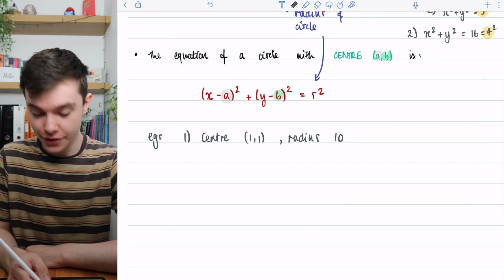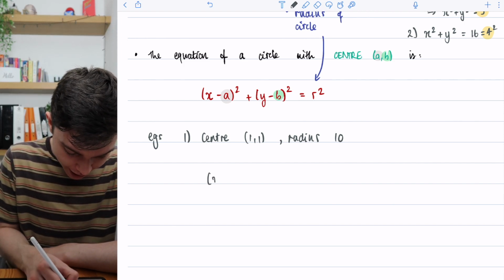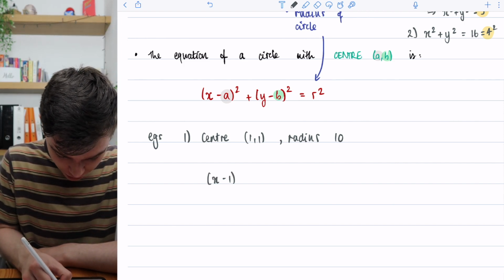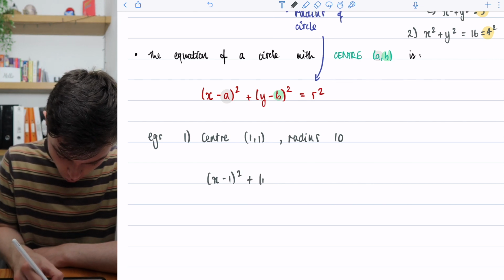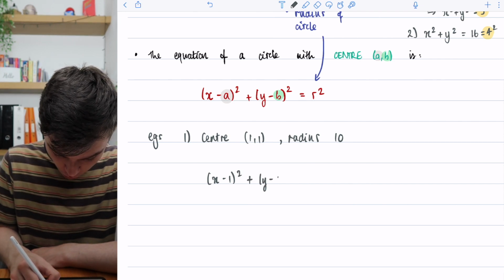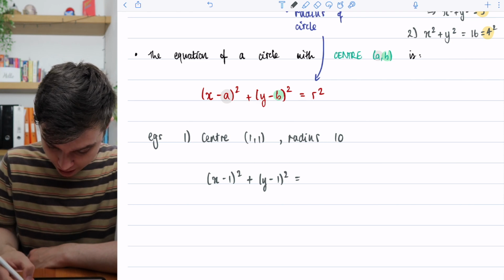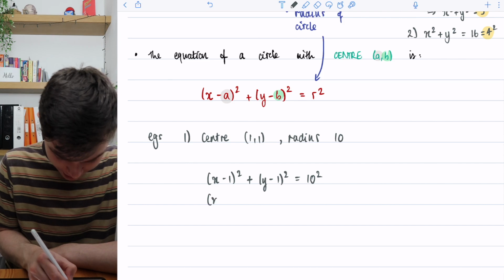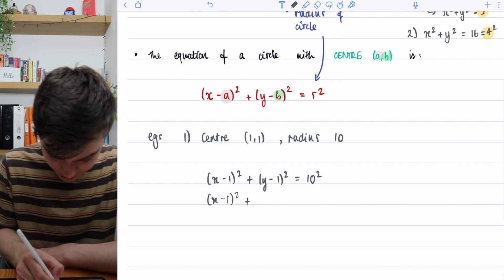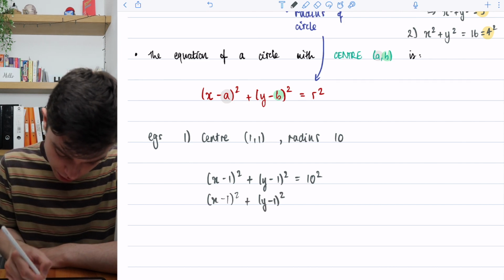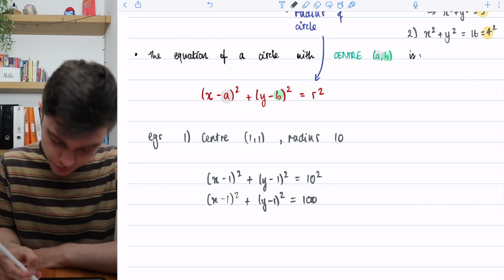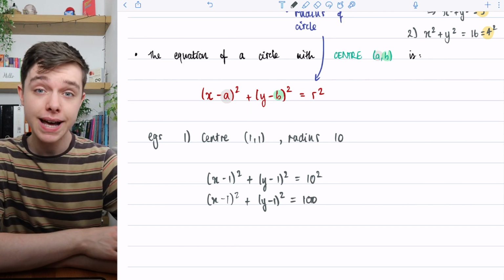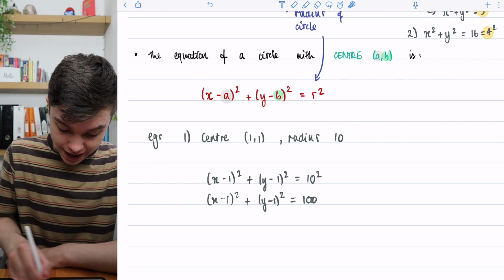What we want to do is work out the equation, so we would do x minus the x coordinate of the centre plus y minus the y coordinate of the centre, and then the radius squared, so 10 squared. That's the same as x minus 1 squared plus y minus 1 squared is equal to 100. So that would be the equation of this circle.